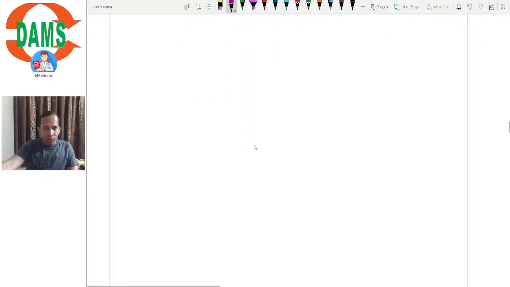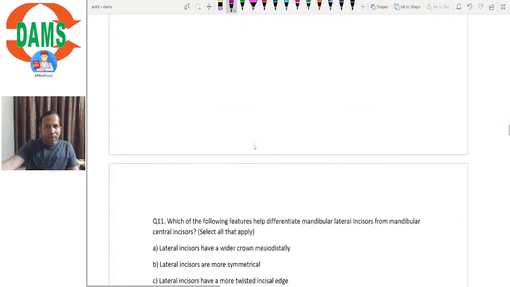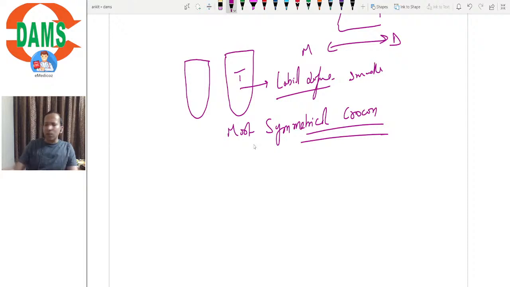So let's go to the next question. We are talking about symmetry here, so can you tell me which is the most symmetrical molar?